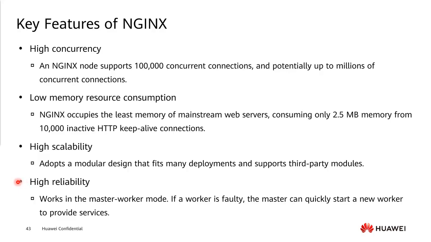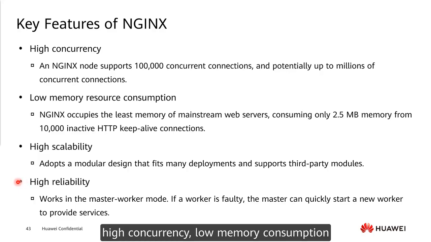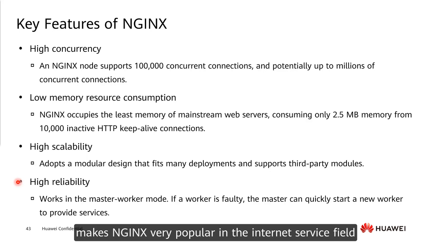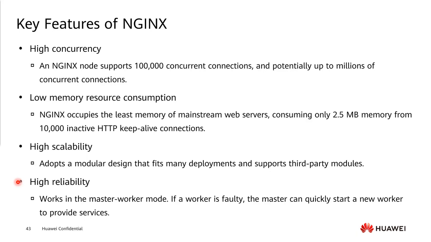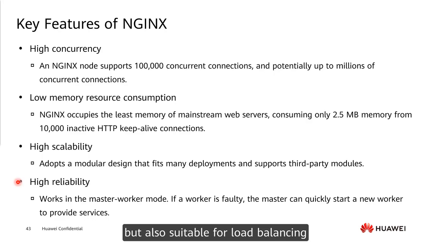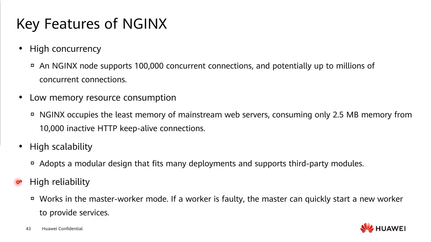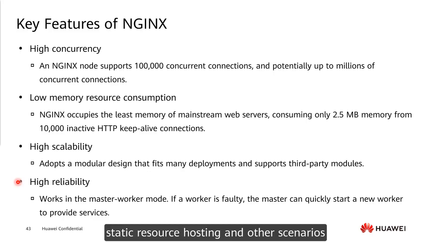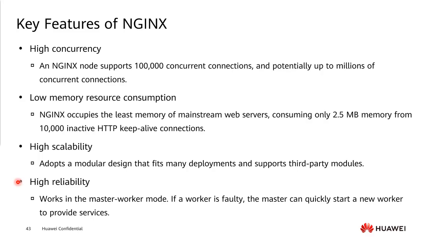So, in other words, high concurrency, low memory consumption, high scalability, and high reliability make Nginx very popular in the Internet service field. It is not only suitable for large websites and services, but also suitable for load balancing, content delivery network, CDN for short, static resource hosting, and other scenarios.